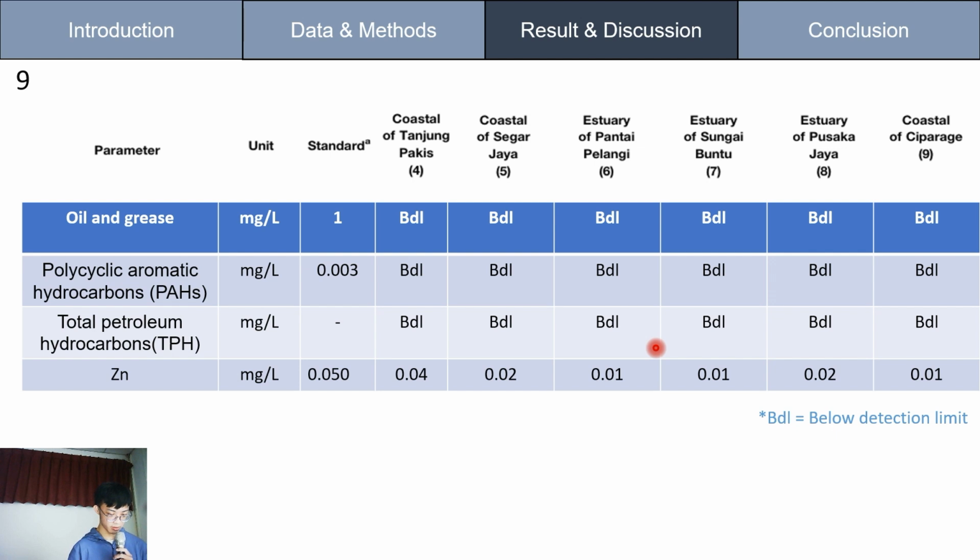Which means most of the pollutant concentrations are below detection limit. This table shows that most oil-related pollutants in seawater were below environmental standards, and many of them were too low to even be detected.